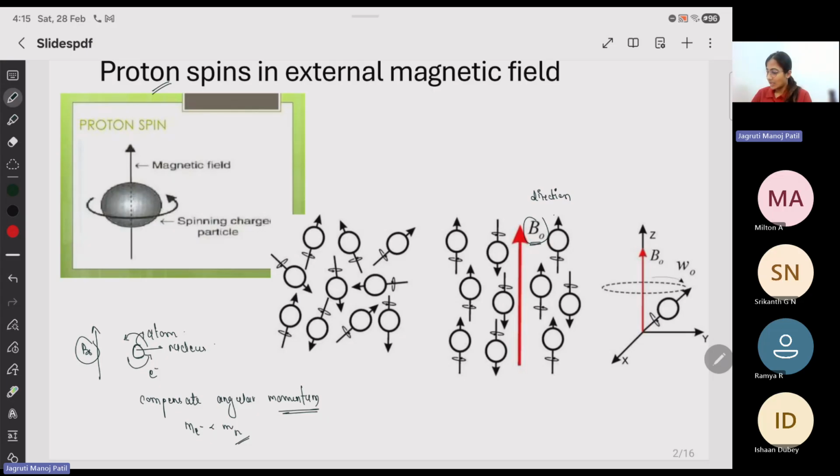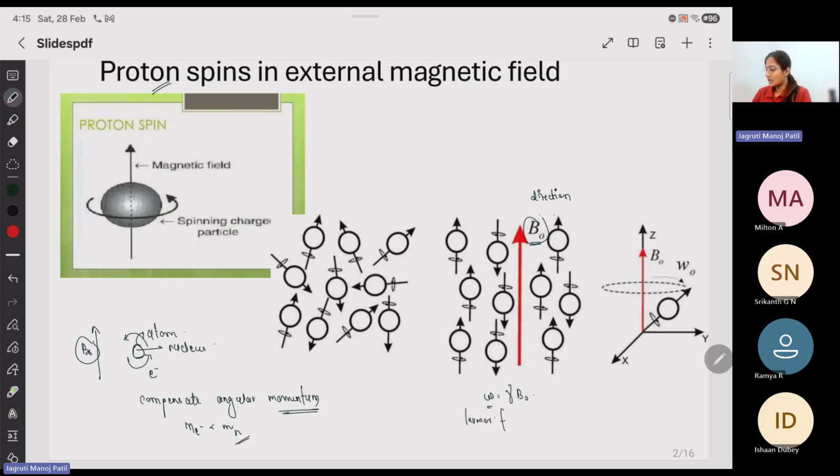How they are related is by the spinning across their axis. That is given by the gyromagnetic ratio and the magnetic field that they have, and this is your Larmor frequency. How it rotates in a particular axis is related to your external magnetic field.